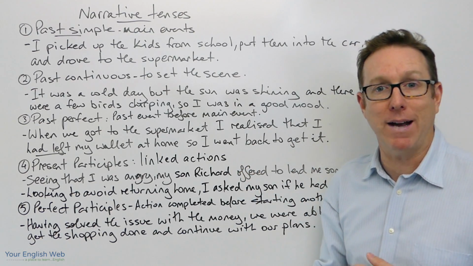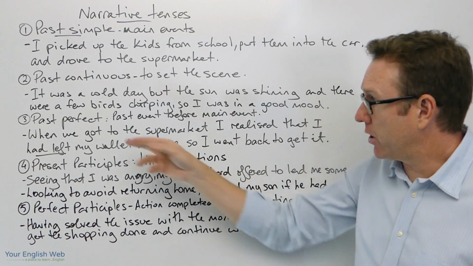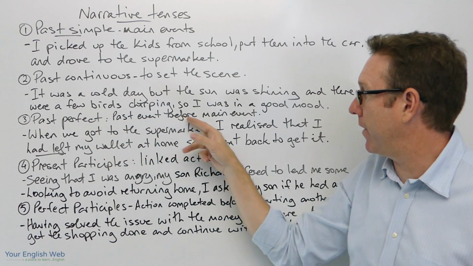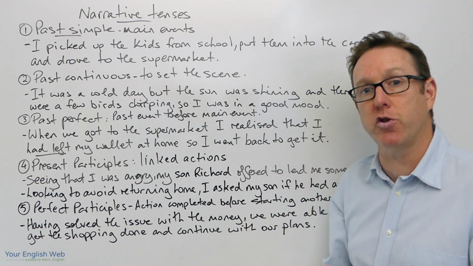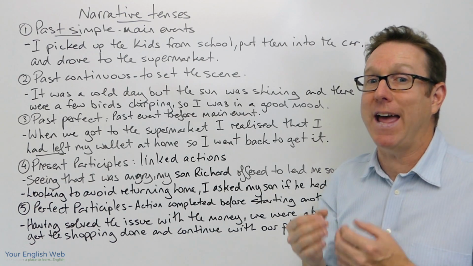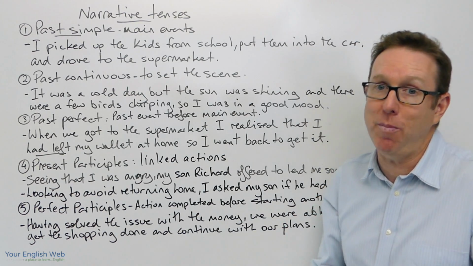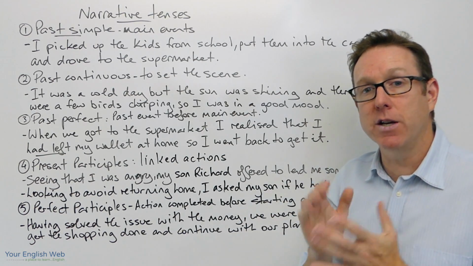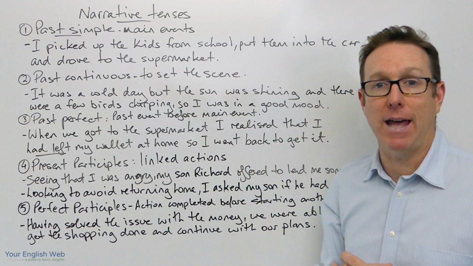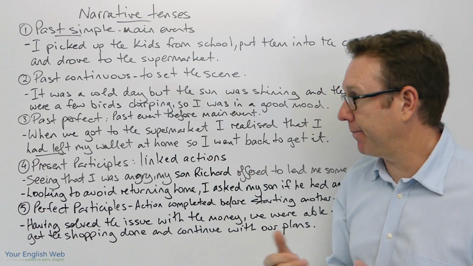So we're using the past perfect, the past event before the main event. So I got to the supermarket, I realized that I had left my wallet at home previously, okay? So I had to go back to get my wallet, all right?